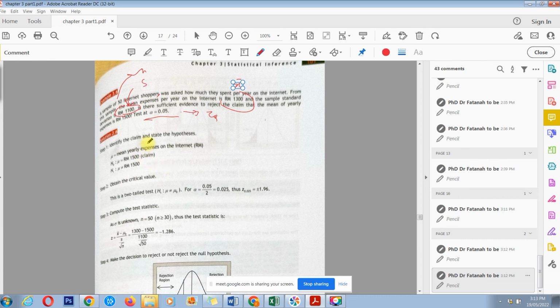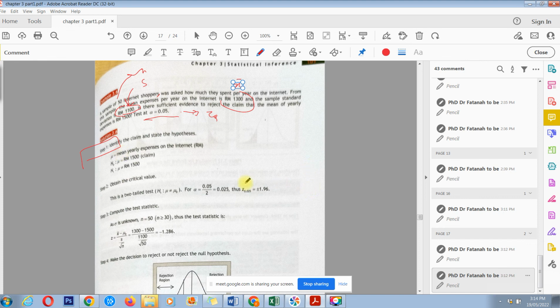So in this claim, is there sufficient evidence to reject the claim that the mean of yearly expense is RM1,500? Step 1, the definition of mu is the mean yearly expense on the internet. So mu equals 1,500.